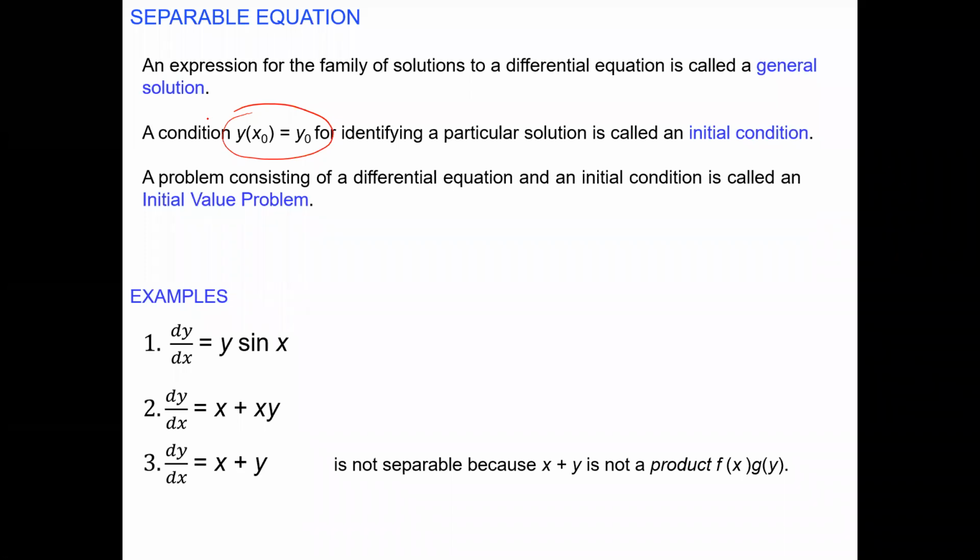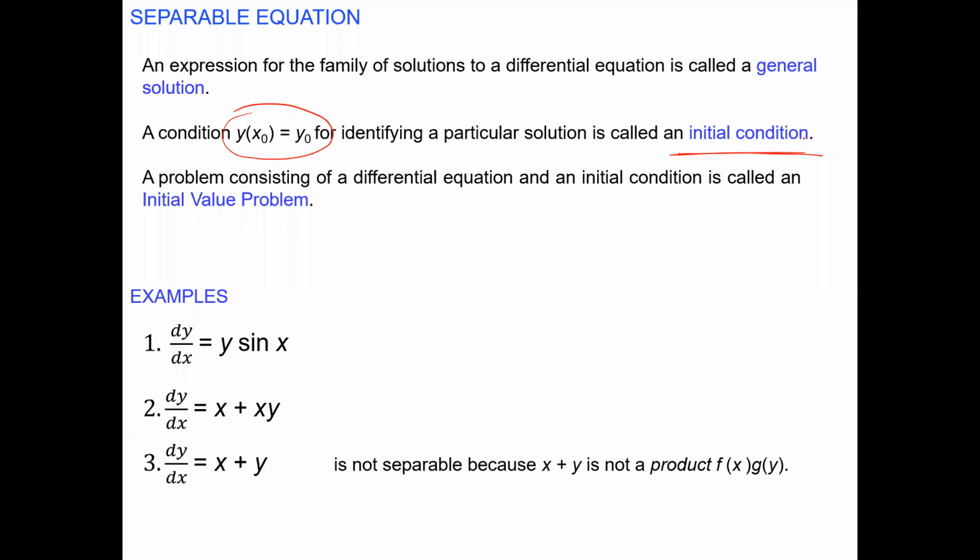We may substitute these values and solve for the constant c. And having this initial condition and the constant c, we will get one particular solution. It will not be a general solution, it will be one particular solution. And this we call an initial value problem, one unique solution.